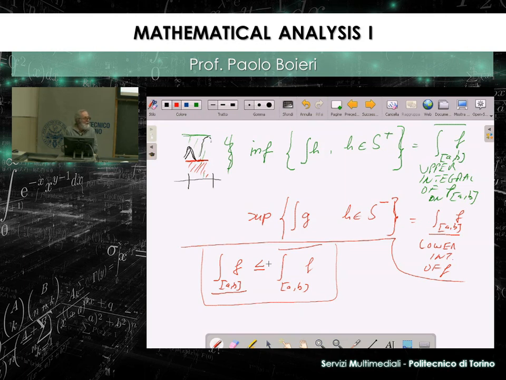That's clear. Because if you think about, for instance, a continuous function, it seems to be quite immediate to say, okay, the two approximations, as the intervals become smaller, smaller, and smaller, give the same result.